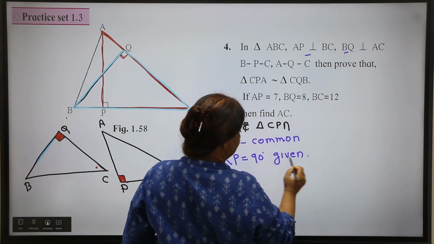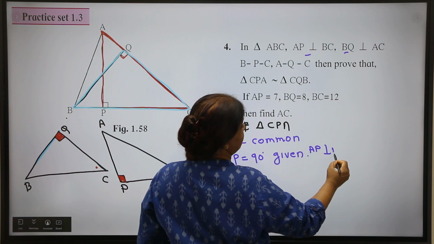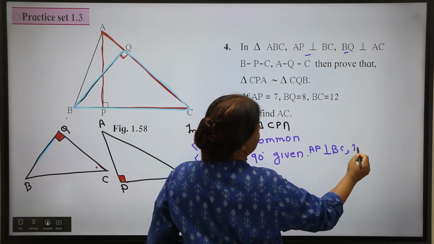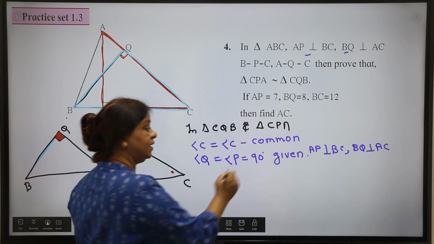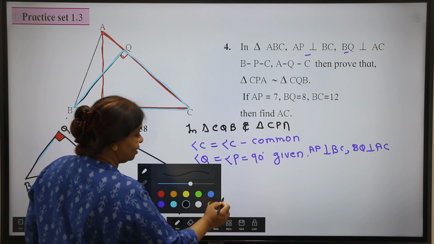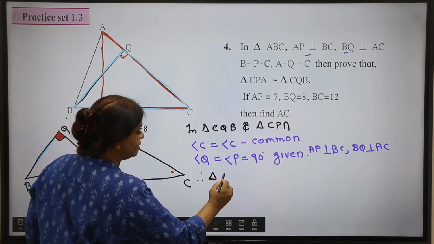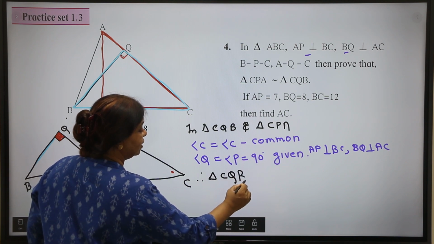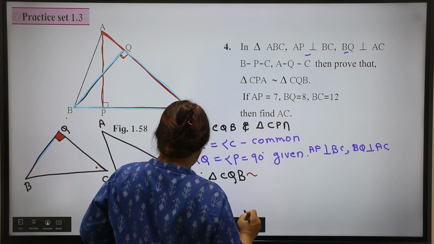You can mention here that AP is perpendicular to BC and BQ is perpendicular to AC, and therefore you wrote it 90 degrees here. So once you got these two angles equal, we can easily say that triangle CQB is similar to triangle CPA.